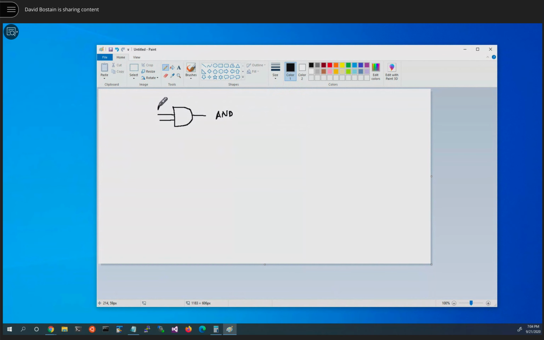So this might be A, this might be B, this would be Y. An OR gate has a curved bottom side. The top looks like the other guy. Two inputs, one output. The output's labeled Y. Inputs might be A and B. And this is an OR gate.